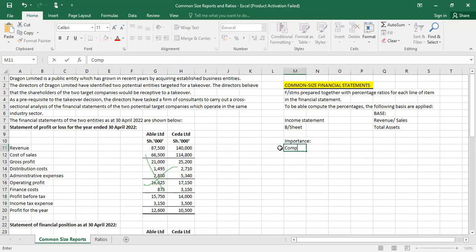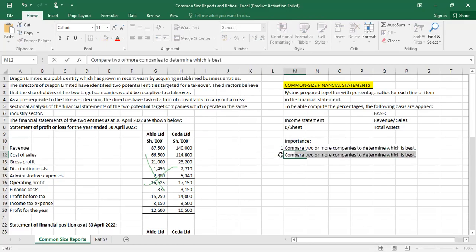One is to compare two or more companies, to determine which is the best one.